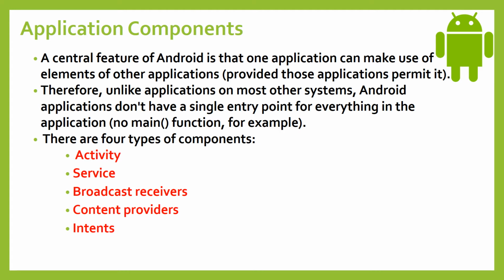Or the app you develop will make use of the calendar, which is again another app. Hence, unlike applications in other systems, in Android applications do not have a single point of entry.